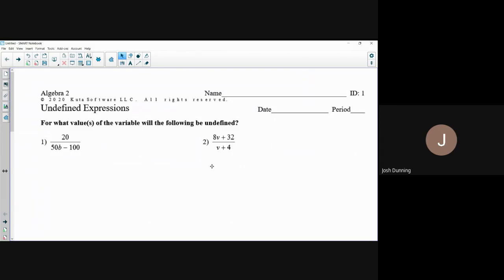You can't divide by 0. Fraction means top divided by the bottom. If the bottom's 0, you can put 0 into something forever. You'll never fill it up. But infinity isn't really a number, so it's called undefined. So all you do for these, forget about the top. Just set the bottom equal to 0 and solve.